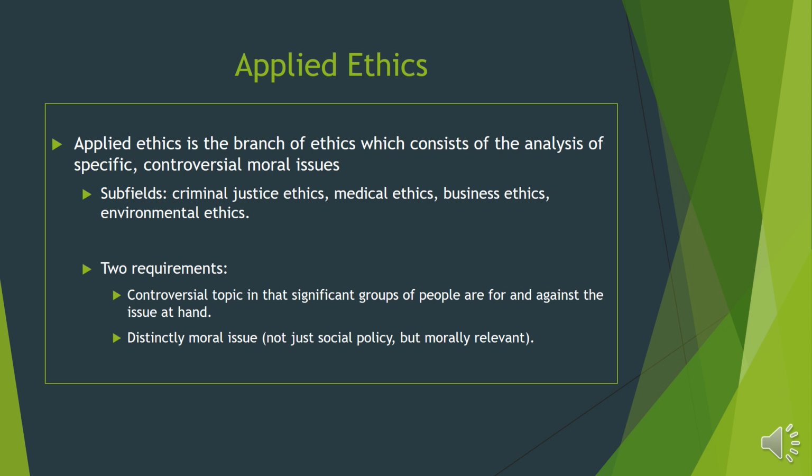For an issue to be considered an applied ethical issue, it usually has to have two requirements. The first is that the topic itself is controversial, and that a significant number of people are both for and against the issue at hand. It doesn't have to be an exact 50-50 split, but there seems to be some sort of for and against argument. One example is the murder of innocent people for no reason.